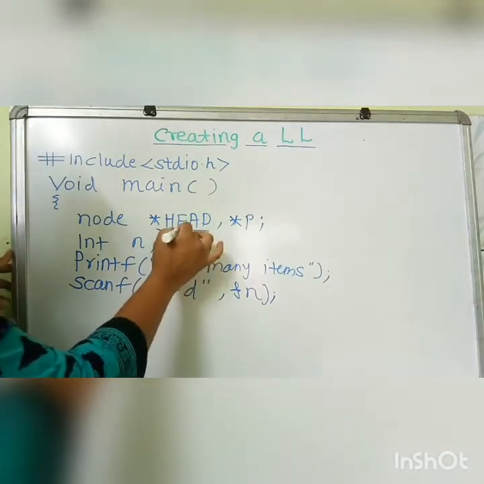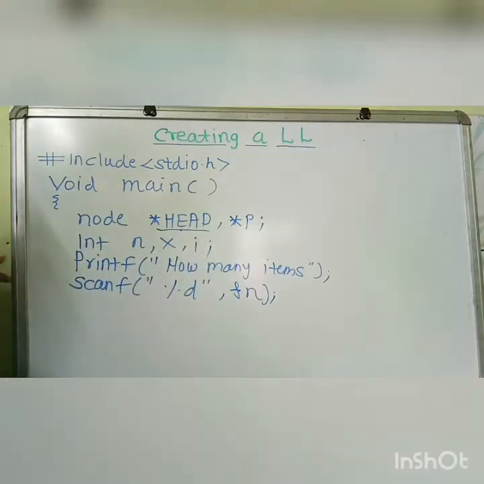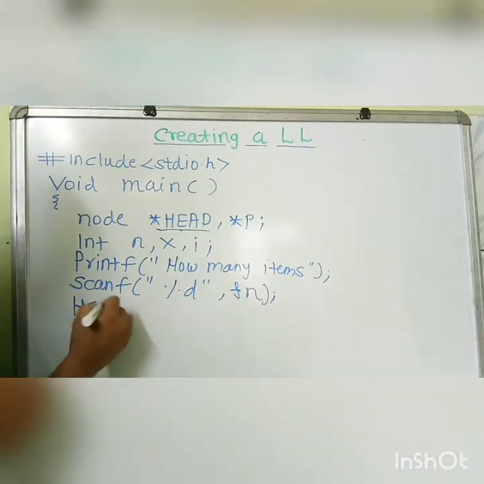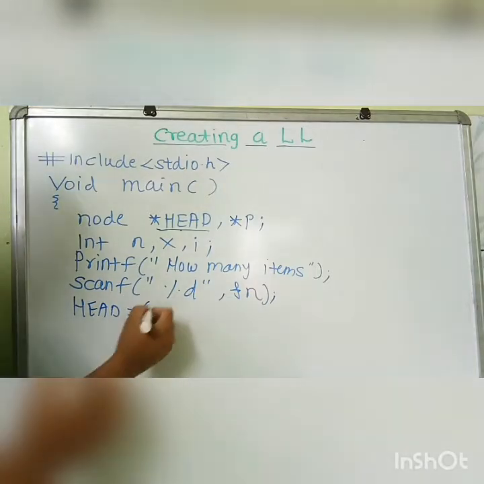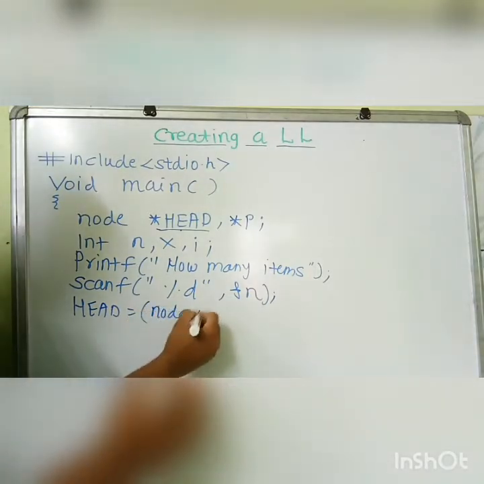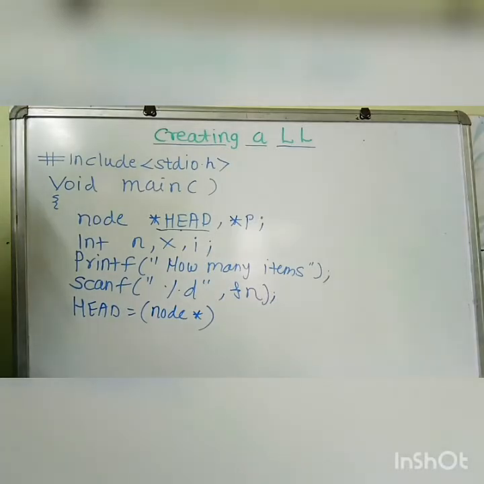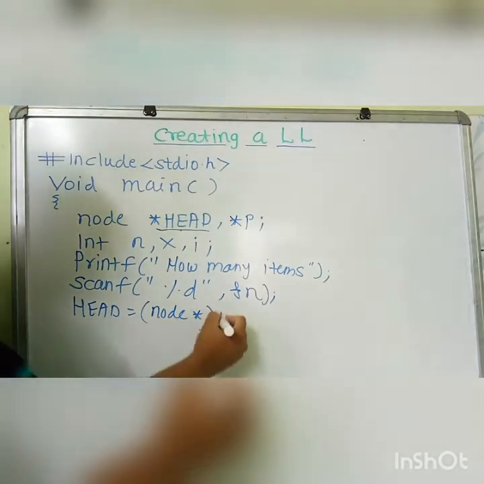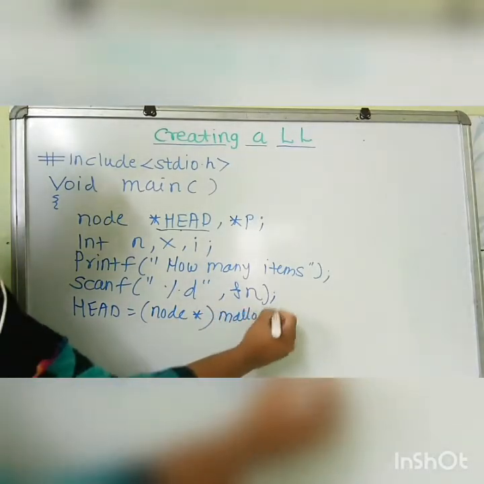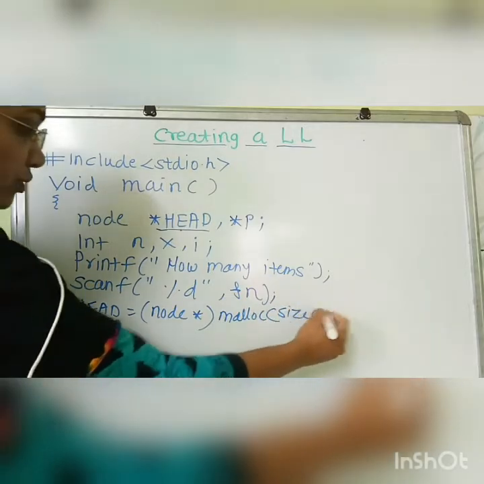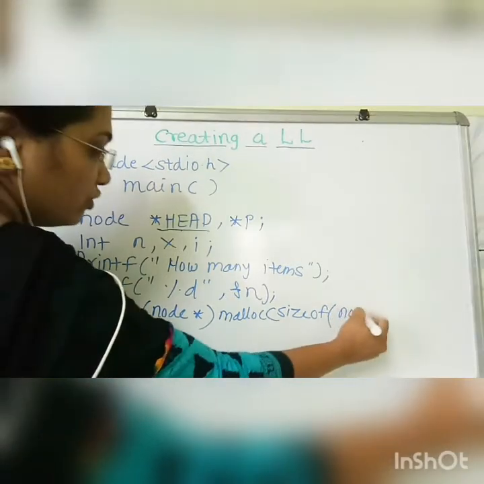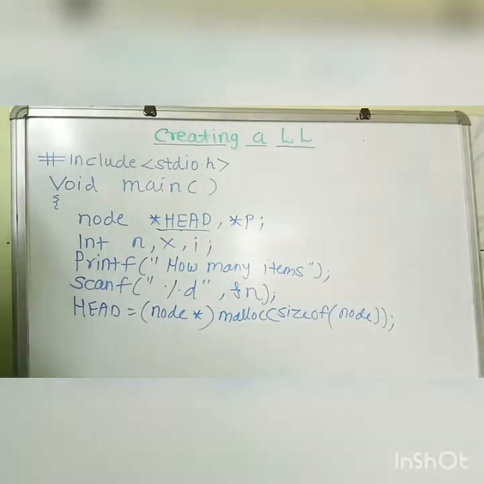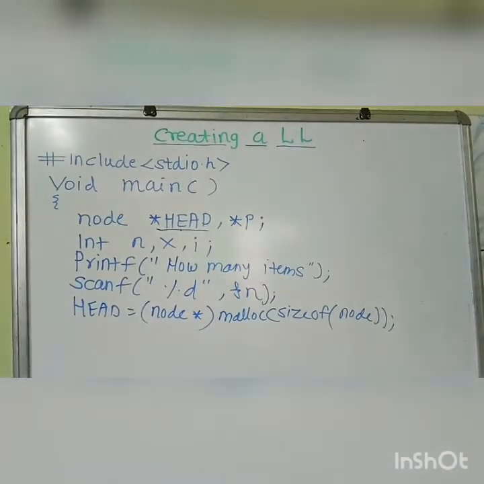This is the start node and we have to acquire memory for it like head equals to, we specify the type, so it is of node type, then star as syntax, then malloc, and we give the sizeof the data type, that is node.